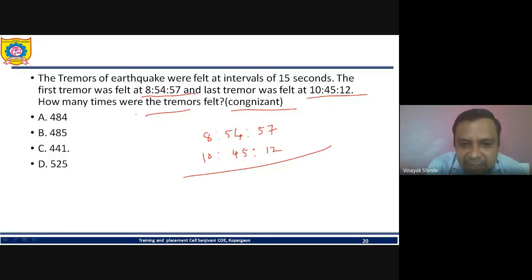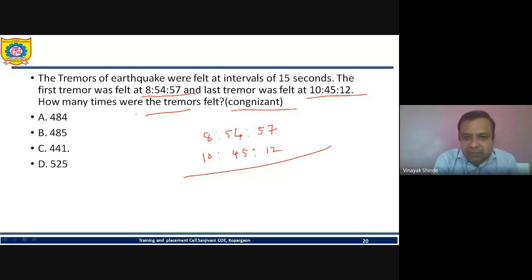Find out the difference in seconds, and for every 15 seconds there is a tremor. So if you calculate the difference in seconds and divide it by 15, you'll get the correct answer.